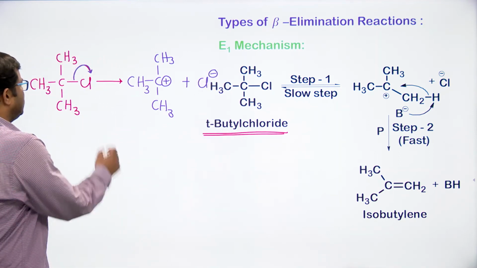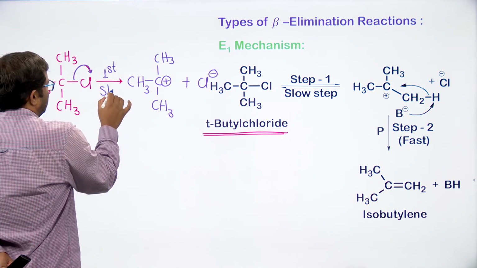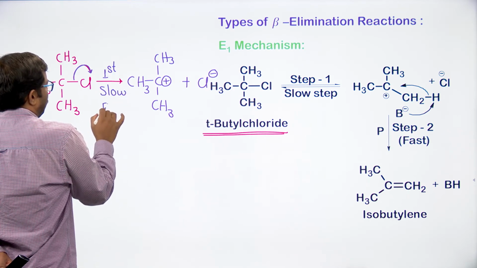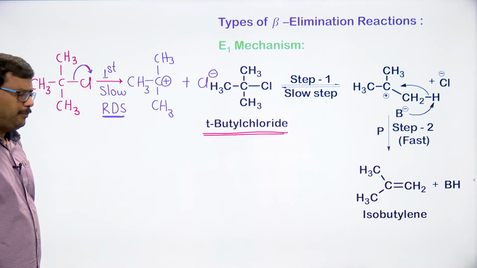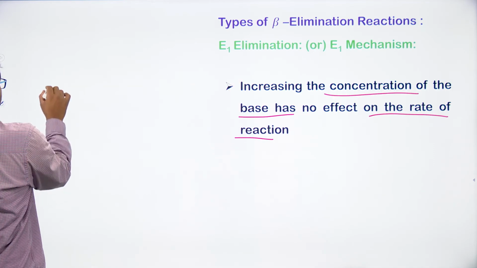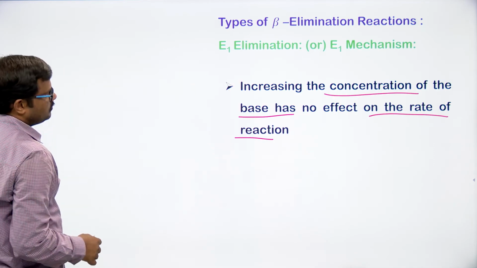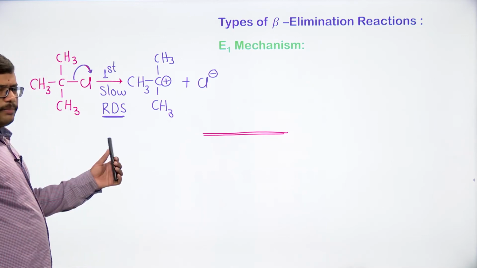So, this is the first step involved in the reaction, and it is the slow step, and therefore it is taken as the rate determining step. So, this is step number 1.